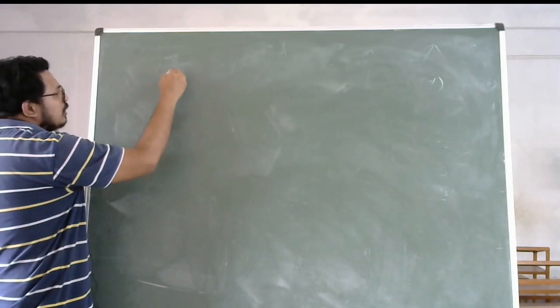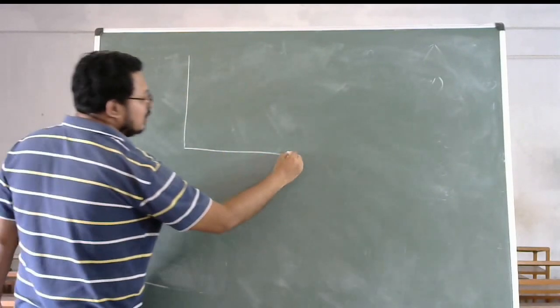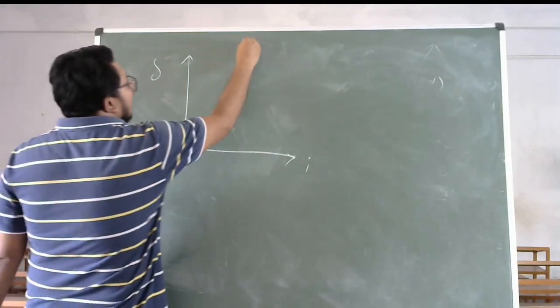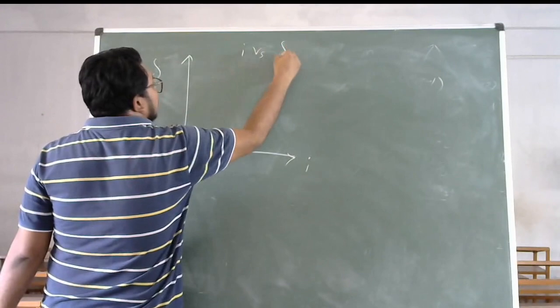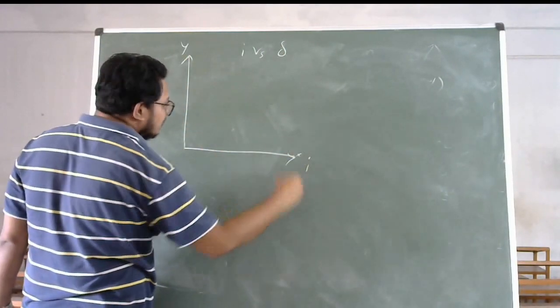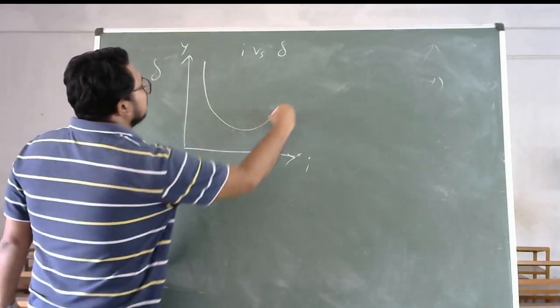If you draw a graph between angle of incidence and delta, I versus delta, taking delta along the y-axis and I along the x-axis, you can find the graph in this way.